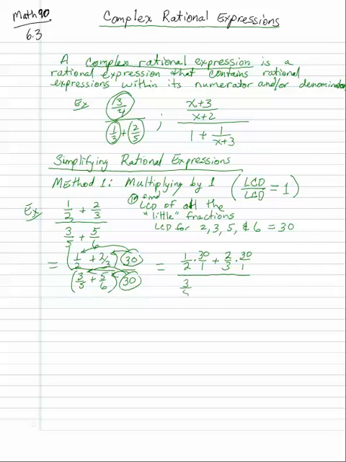So it's 3/5 times 30 over 1, 5/6 times 30 over 1. Normally I don't show the steps, so I'm going to go 1 times 30 divided by 2 times 1, which is 15. And then 2 times 30 divided by 3 times 1 is 20. Then 3 times 30 divided by 5 times 1.